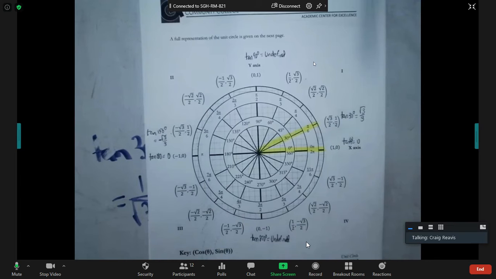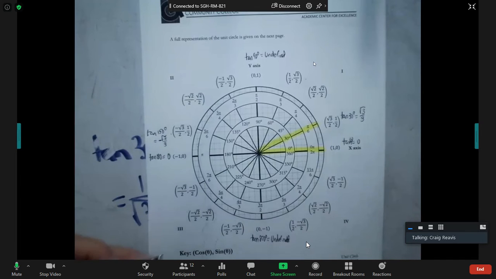So if we're just looking at tangent, that means tangent is going to be negative in what two quadrants? Obviously 2, and what's the other quadrant that has opposite signs in the ordered pair? 4, right? So we know tangent is going to be negative in 2 and 4, while it's positive in 3.